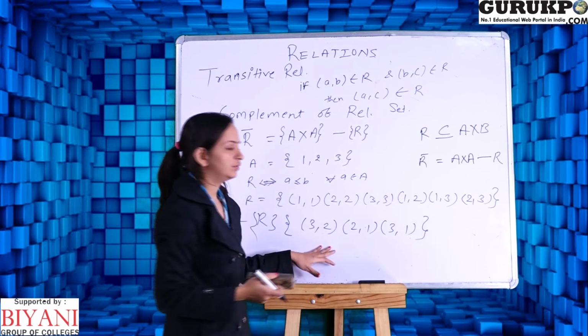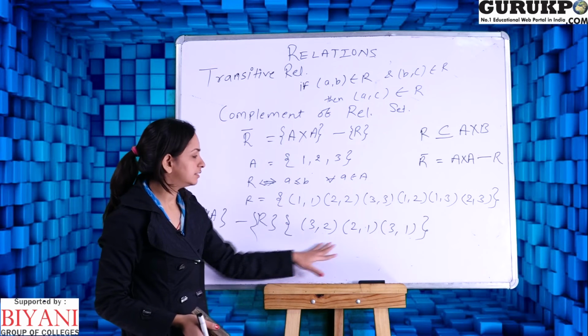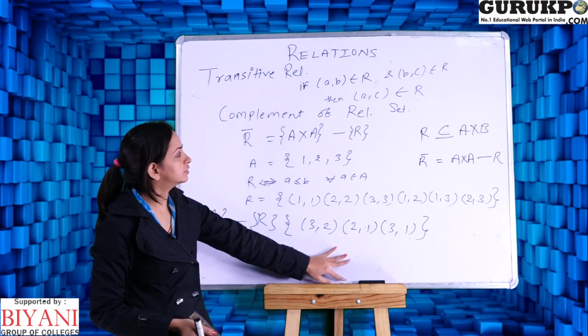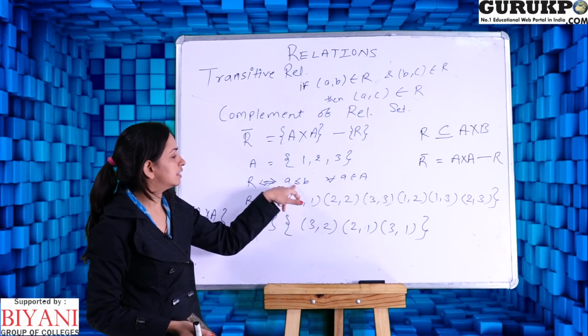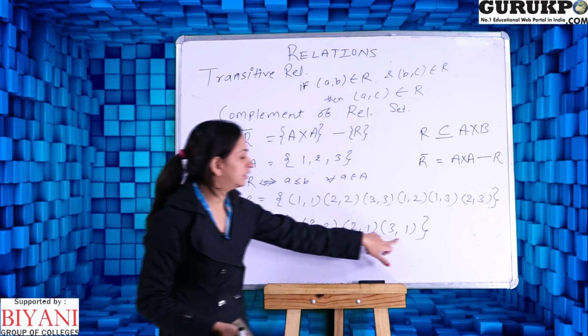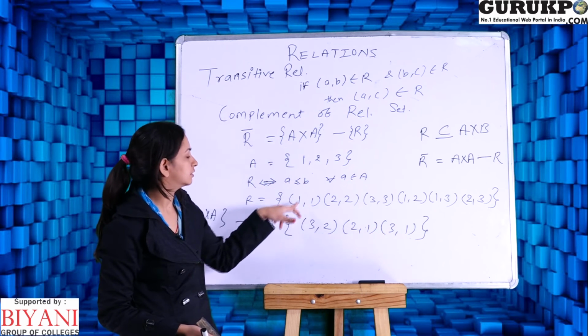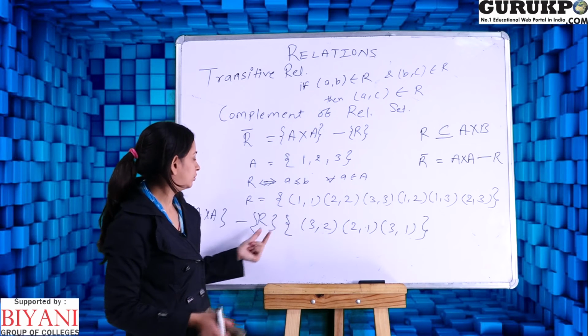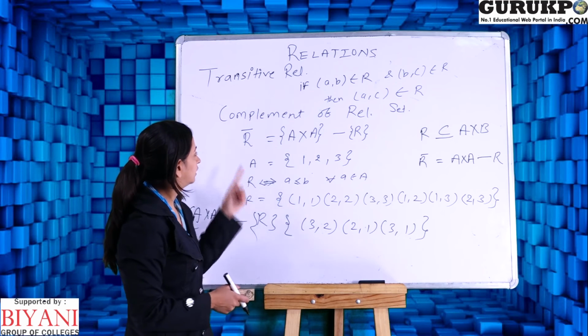By seeing this set, you can simply derive that these are the elements which are not satisfying the condition of the relation. The condition of the relation was a is less than b, but these all are not satisfying the condition. So they do not belong to R, and they belong to the complement of the set, that means R bar.